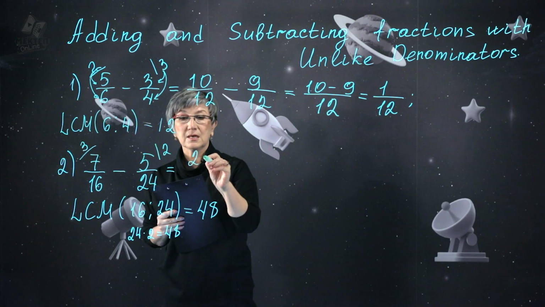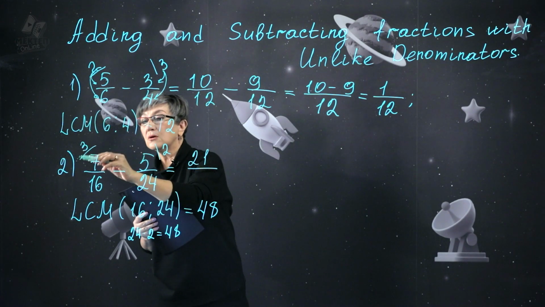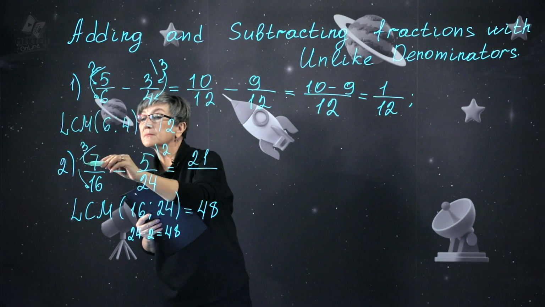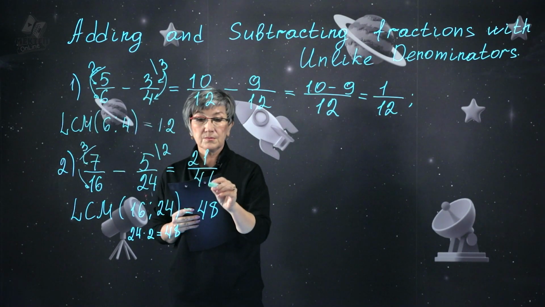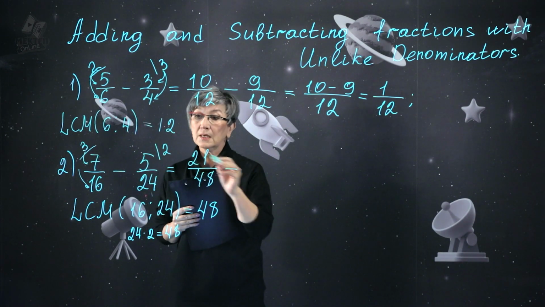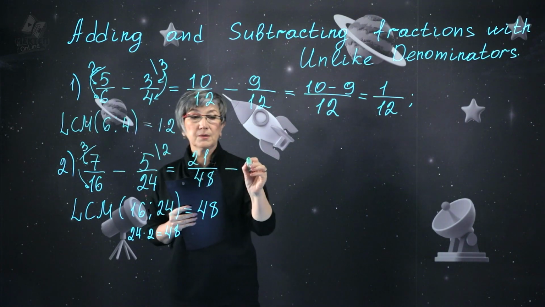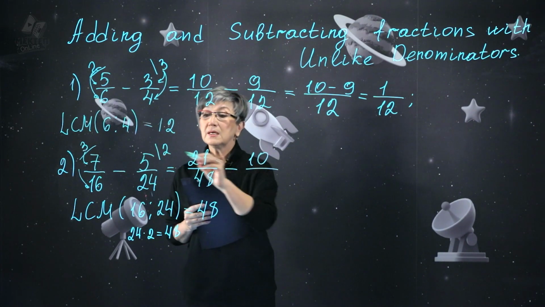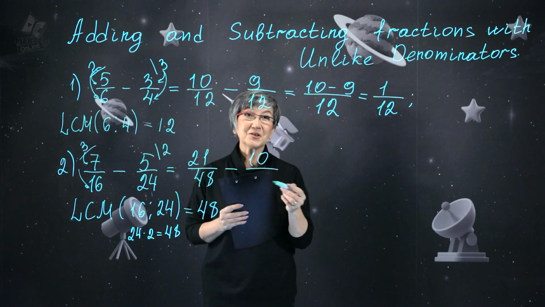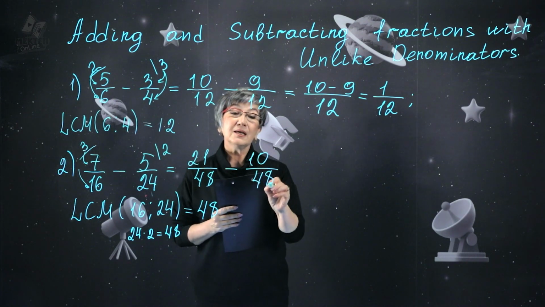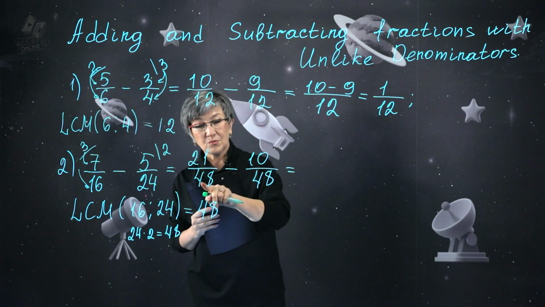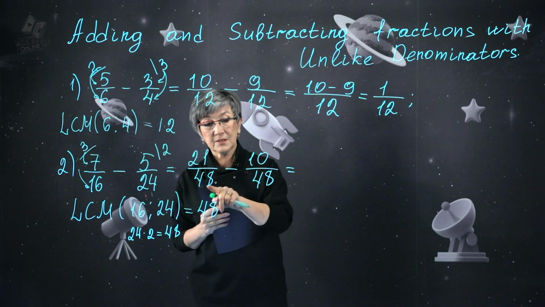Additionally, by multiplying 3 and 16, we arrive at 48. Then 2 I multiply by 5, that's 10, and 2 I multiply by 24, that's 48. And you'll notice that I have achieved equal denominators.